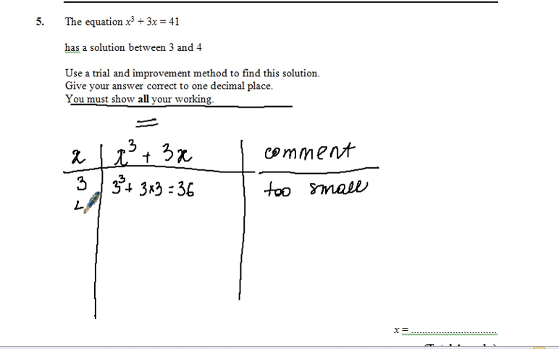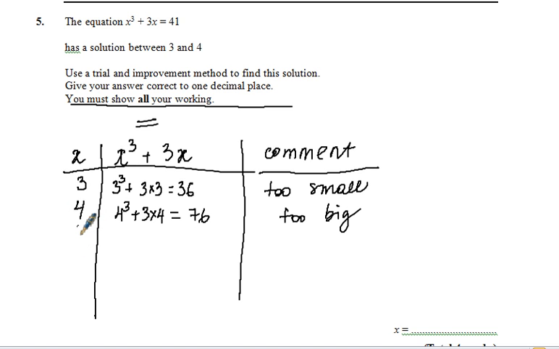Then you calculate the value of that expression for 4 cubed plus 3 times 4, 64 plus 12 is 76, too big, comparing with 41, right?